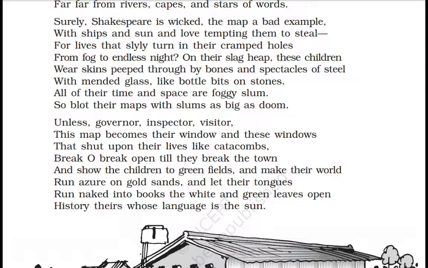So blot their maps with slums as big as doom. Now the poet says, let us not show them dreams by showing those maps. For them the maps should have those slums which are as big as doom, which have no end. So they should be shown the reality, what actually they have.